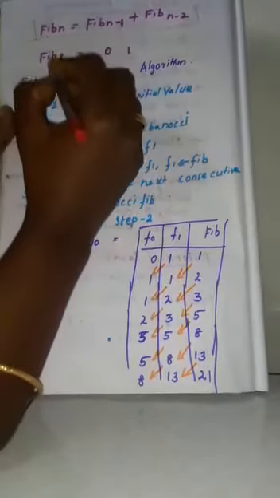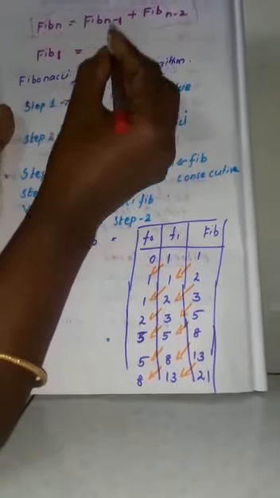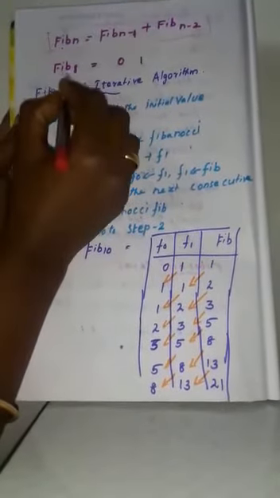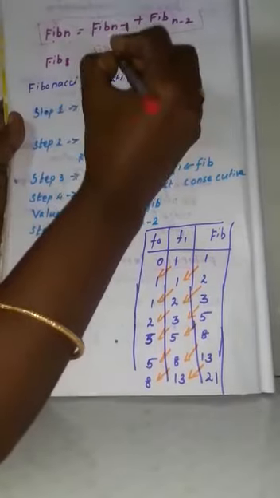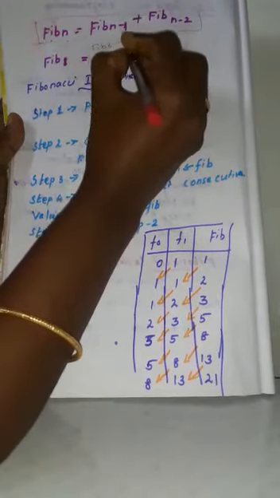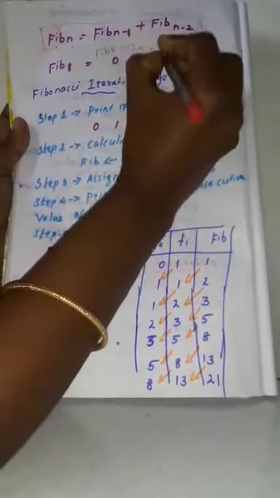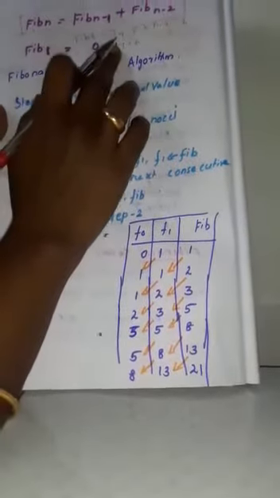For example, fib 8 equals fib 8 minus 1, meaning 7, plus fib 8 minus 2, meaning 6. So you add the 7th value and the 6th value, and the fib 8 result is displayed.